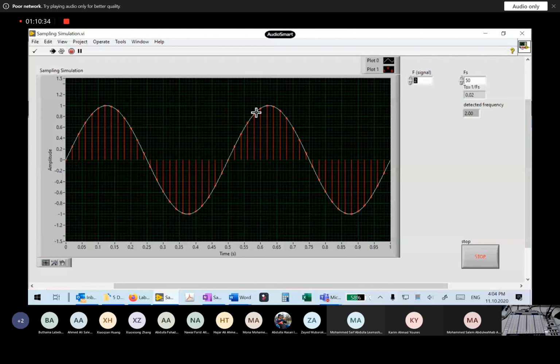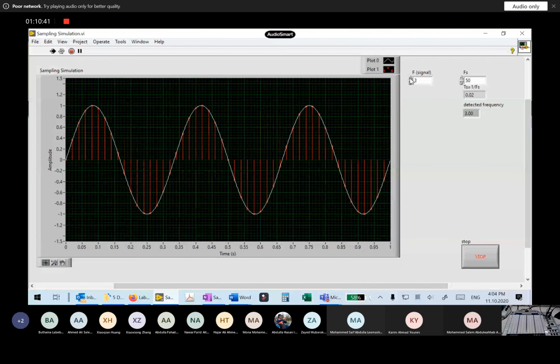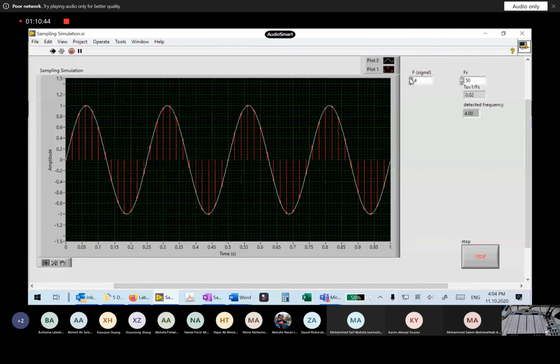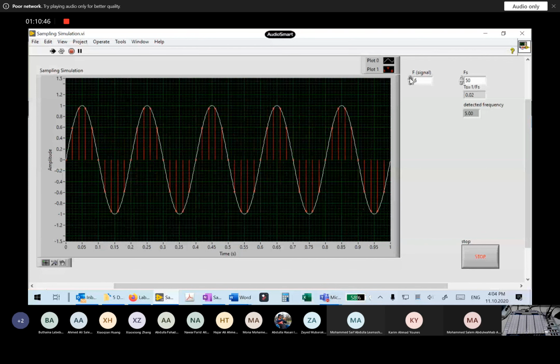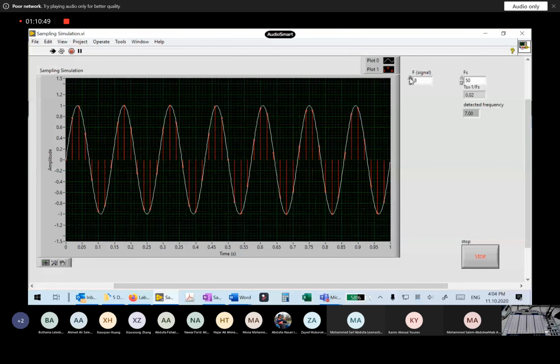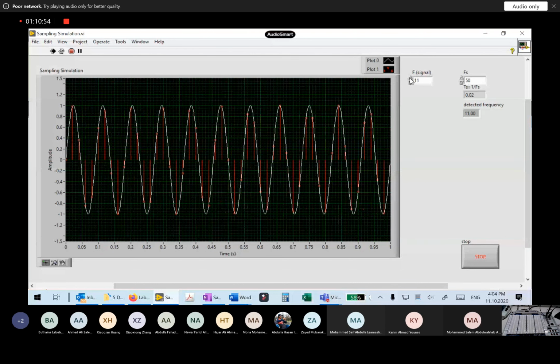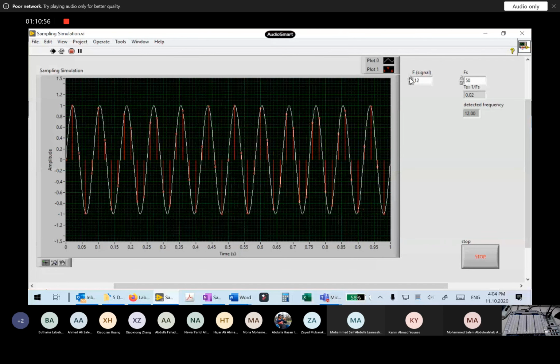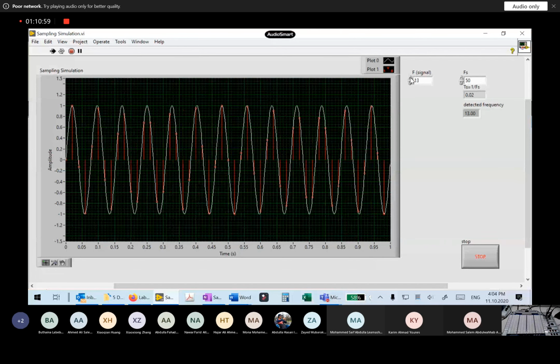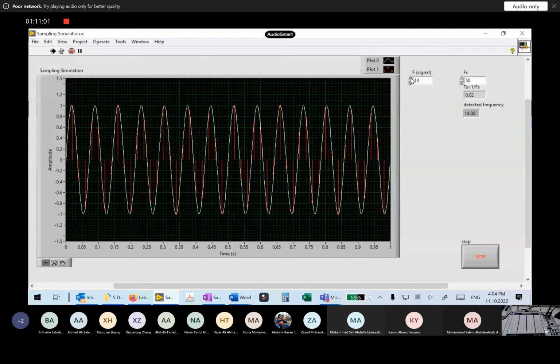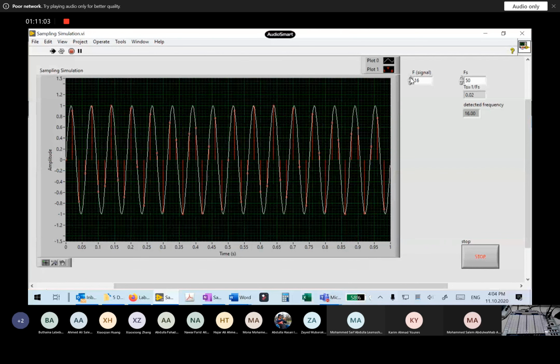In 1 second I have 1 cycle, then 2 cycles, then 3 cycles, 4 cycles or 4 hertz, and you keep raising. I see 10, 11, and so on. I'll keep increasing until 25.